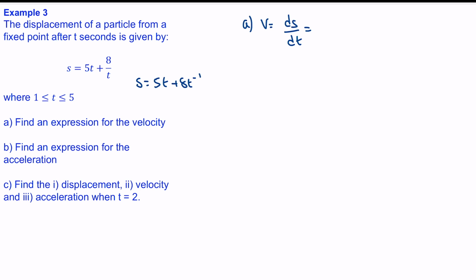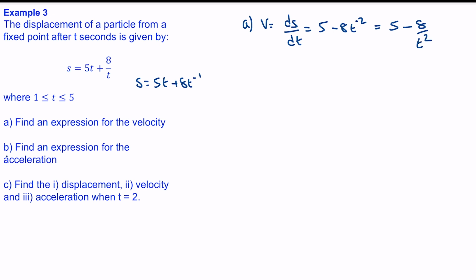When we differentiate this now, this t will go, so we have 5, and then we'll have negative 1 times 8, which is negative 8. We'll take away 1 from the power, so 8t to the minus 2. And I can write this a little bit more conveniently as 5 minus 8 over t squared.